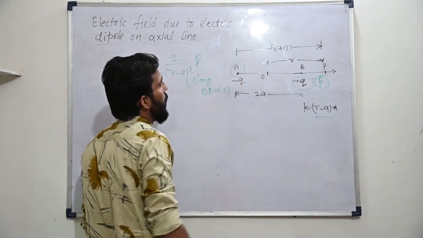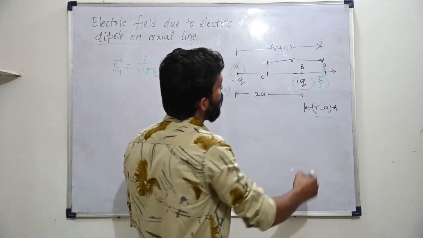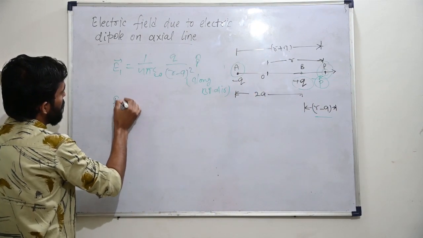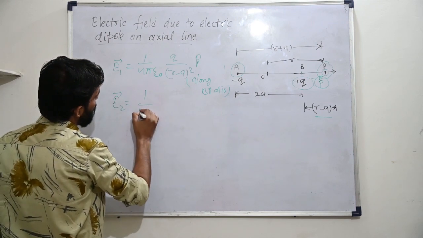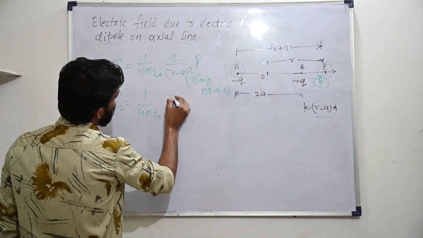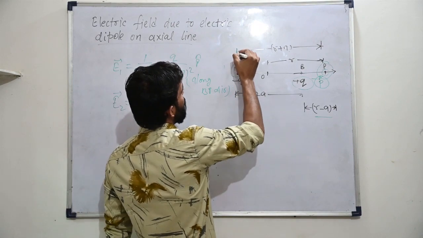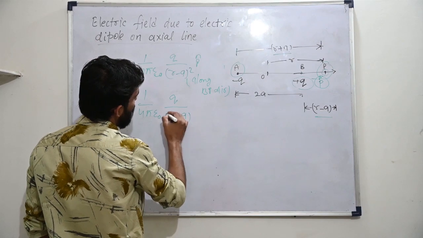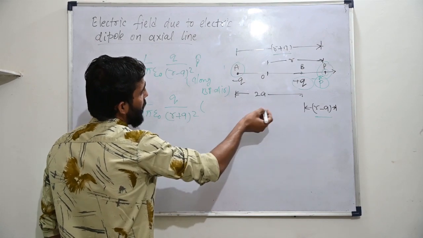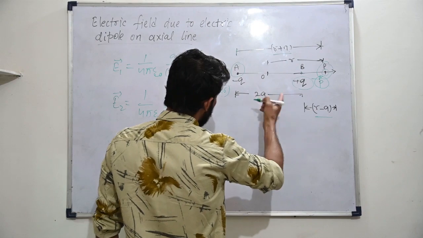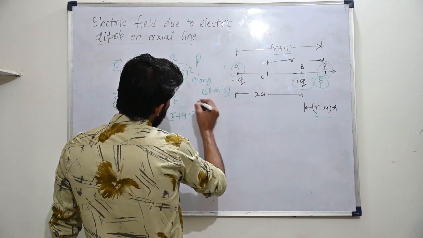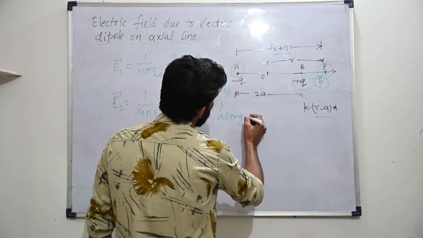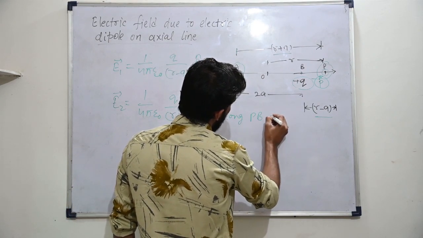Now the electric field by the charge minus q at point P is E2 equals 1 upon 4 pi epsilon naught q upon the distance between A and P, (r plus a) whole square, and the direction is opposite to E1, minus p cap, along the PB direction.